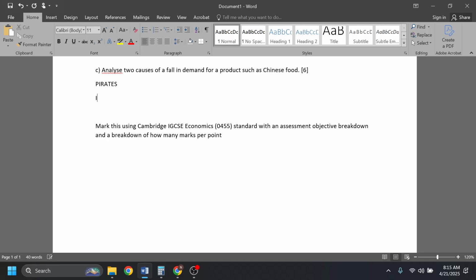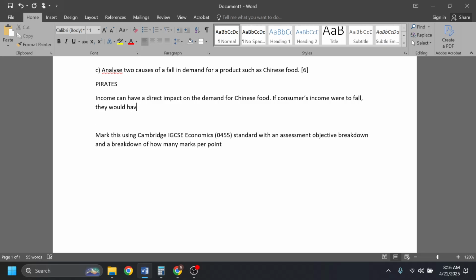Okay, income is an easy example. We can say income can have a direct impact on the demand for Chinese food. If, let's say, consumers' income were to fall, they would have less disposable income, and as a result, spend less on takeout.